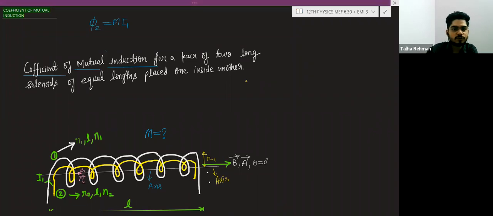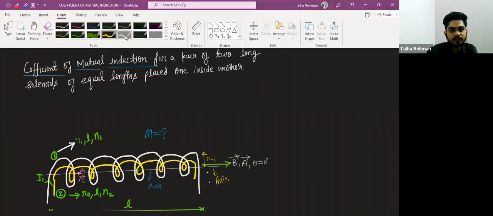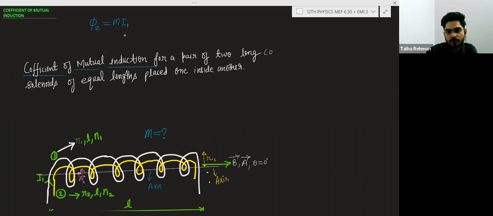You can write here also: two long coaxial solenoids.